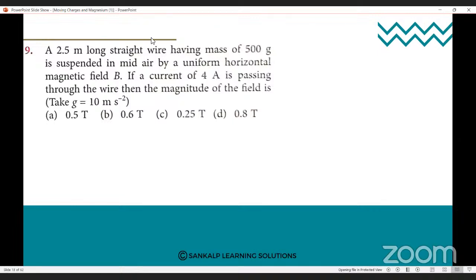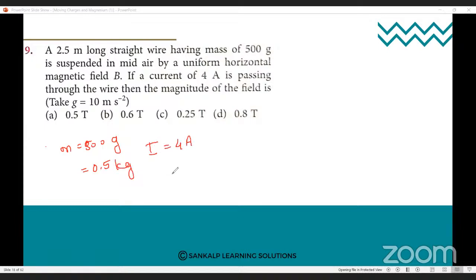Take this question. A 2.5 meter long straight wire having mass of 500 gram is suspended in mid-air by a uniform horizontal magnetic field B. If a current of 4 ampere is passing through the wire, then the magnitude of the field is. The mass is 500 gram, which you need to convert to kg, so it is 0.5 kg.